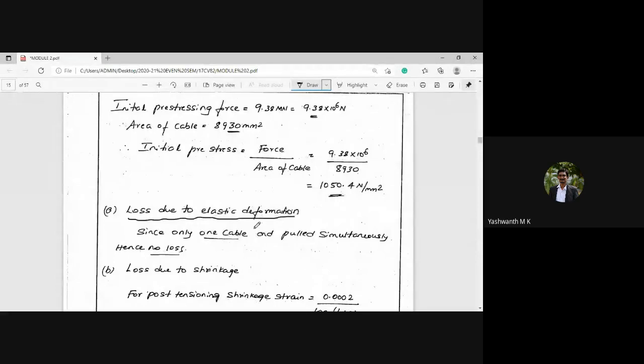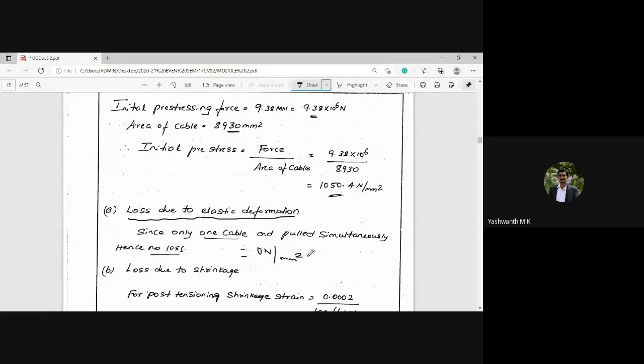So the loss of pre-stress due to elastic deformation in this case is 0. No loss will be encountered.